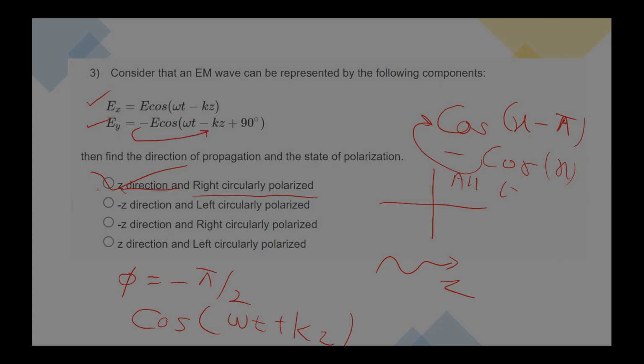So how will it be? E cos(omega t minus kz minus 180 degrees), we can say, plus 90 degrees also.